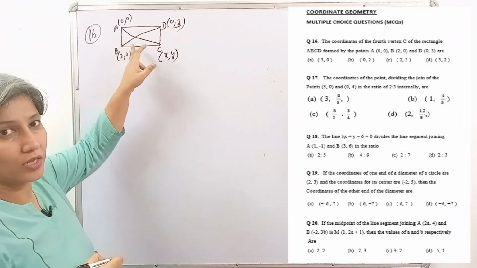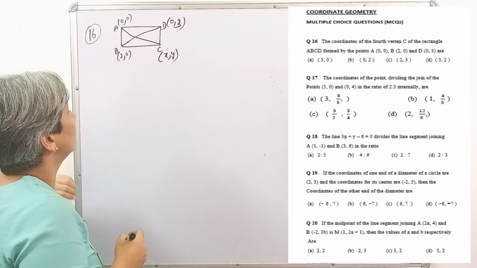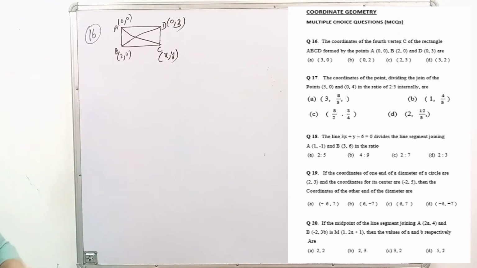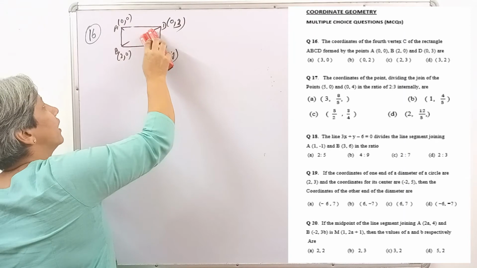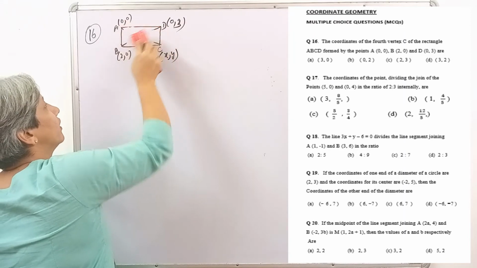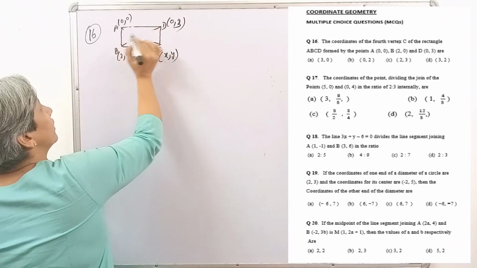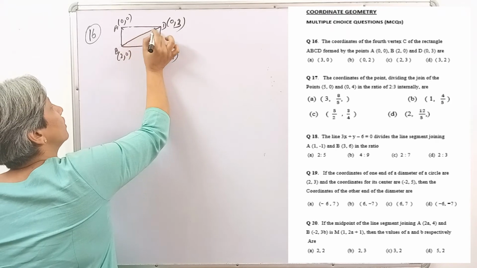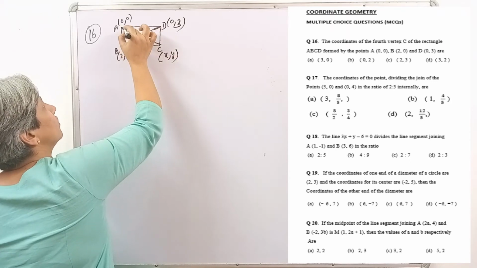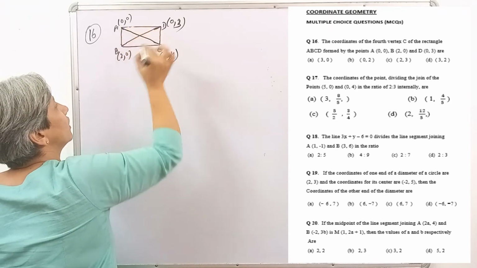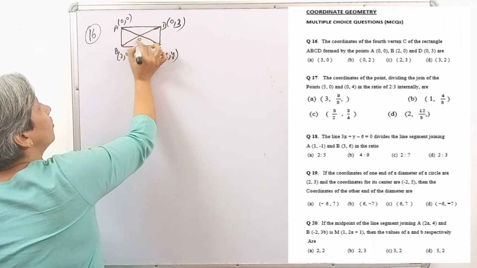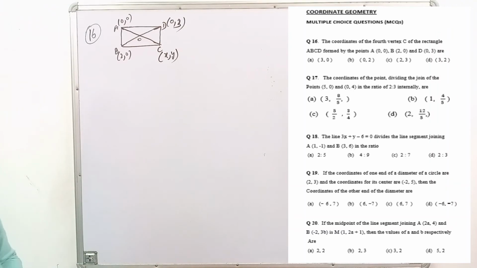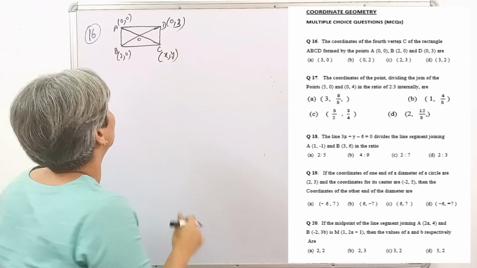Maybe it's not looking bisected because I've drawn the diagram casually, but don't go by the diagram because here we are doing the solution. Diagonals of a parallelogram or rectangle will always bisect each other.